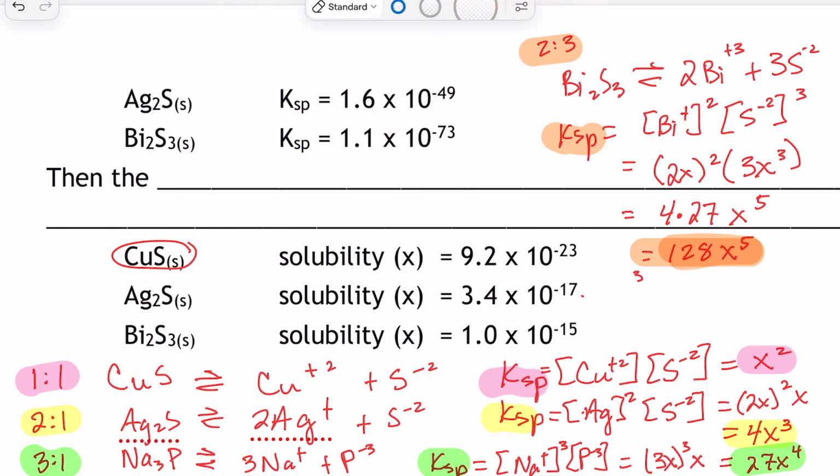The Ksp here is 4x cubed, so that's where they get the x from. For this one, the Ksp is equal to 128x to the fifth. So when you're trying to compare solubilities of different kinds of salts that don't have the same number of ions, you've got to go through this process to figure out the value of x for each one from the solubility product. All right, that's all I want to say about that.